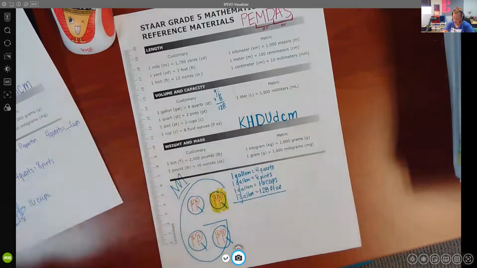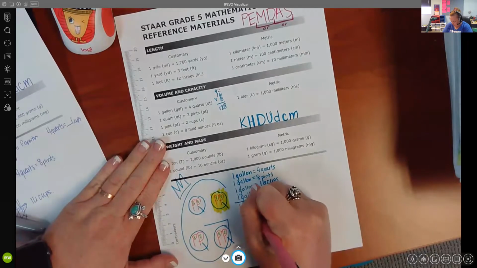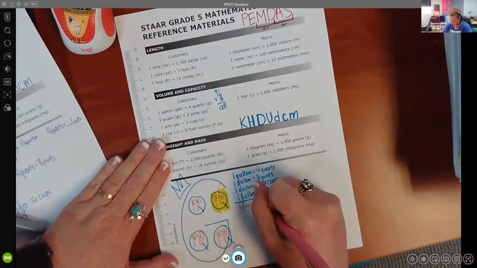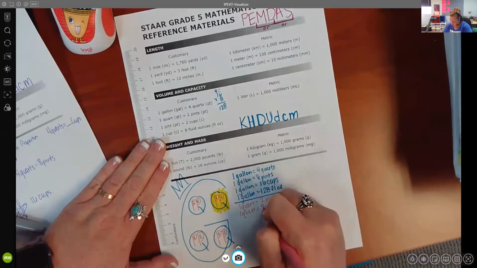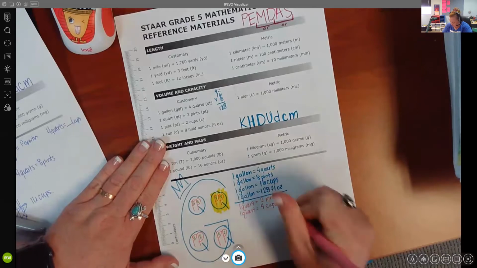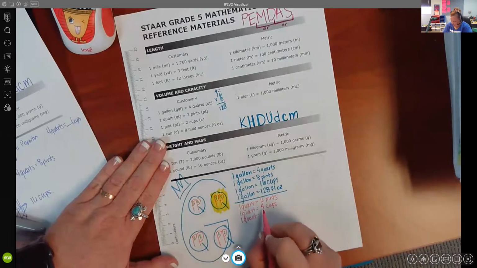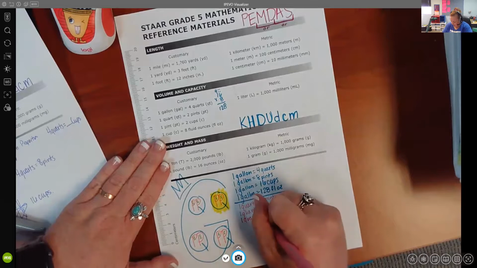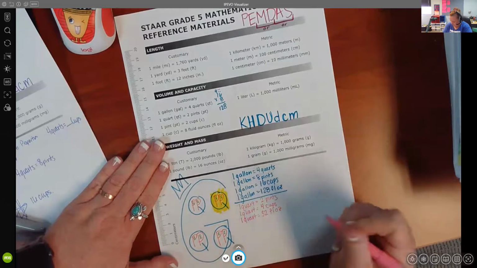Highlight my quart. 1 quart equals 2 pints. 1 quart equals 4 cups. 1 quart equals, and remember there's 8 ounces in each cup. So we're going to multiply 4 times 8, which gives us 32 fluid ounces.